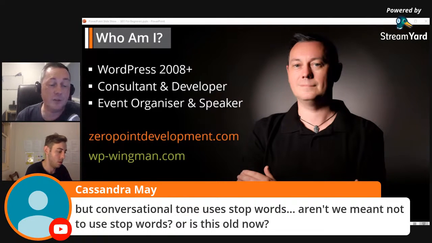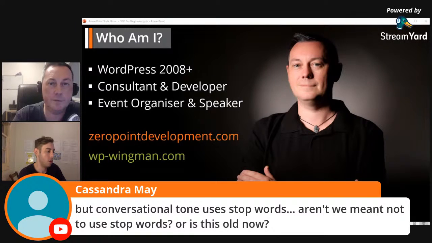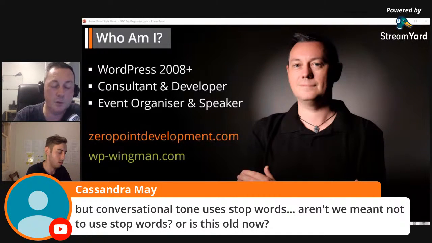But I think as a general rule, it is moving more towards conversational. Yes, I wouldn't use a lot of stop words. I'd try and minimize those, and you can probably minimize those by jumping into an active voice or jumping into an example of what somebody could do rather than telling them what not to do. So rather than use the stop words, try and turn it around and try and use active words. Yeah, is it old now?